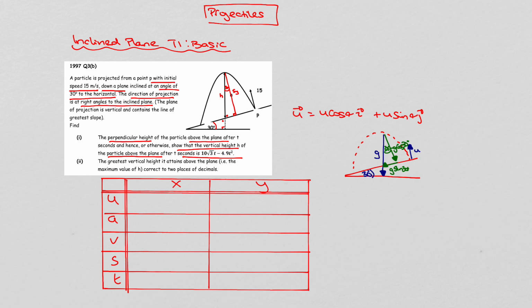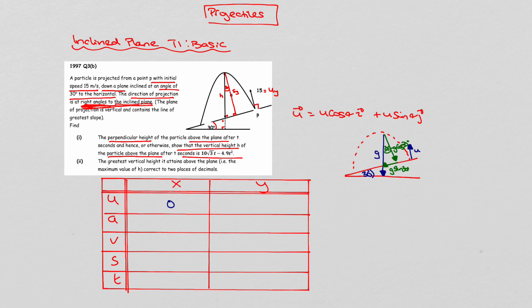So filling in our table, because it was projected at right angles, that means it only has a velocity in the Y direction, so it has no velocity in the X direction, because we were told up here in the first paragraph the direction of the projection is at right angles to the inclined plane. And that's clearly drawn in the diagram here, so we only have initial velocity in the Y direction.